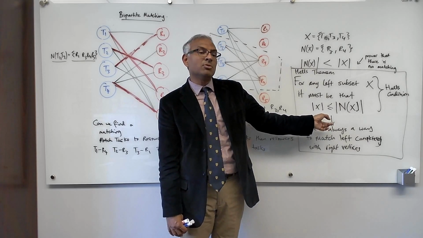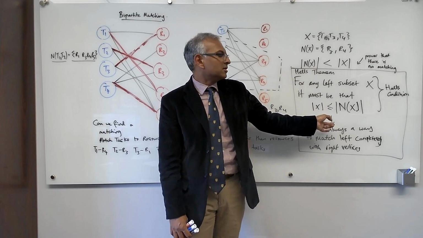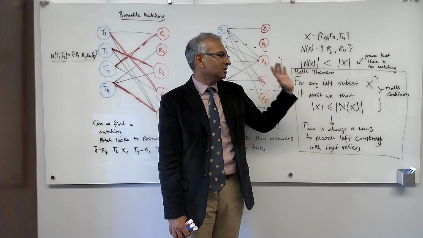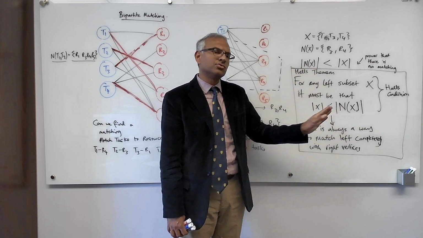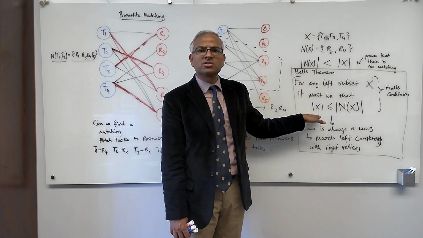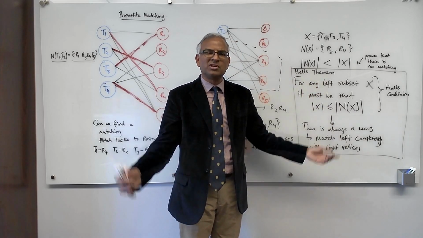So it turns out that almost as useful is a much simpler version of this. It follows immediately from Hall's condition. If Hall's condition is true, you know there's a matching. There's a much simpler version of this, which we will prove, and that's usually the more useful one.